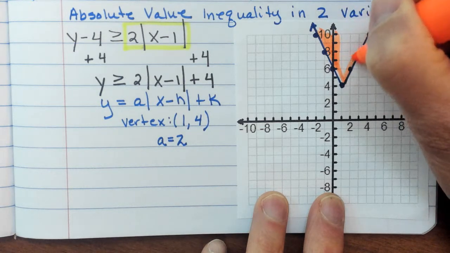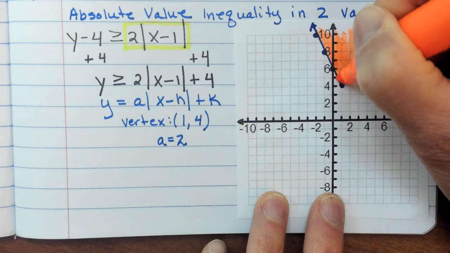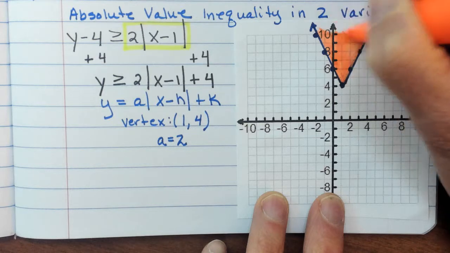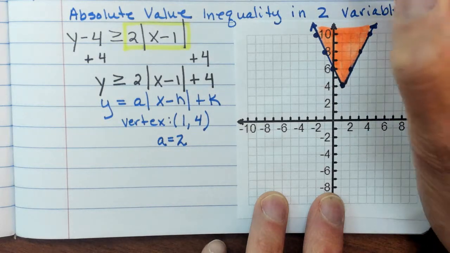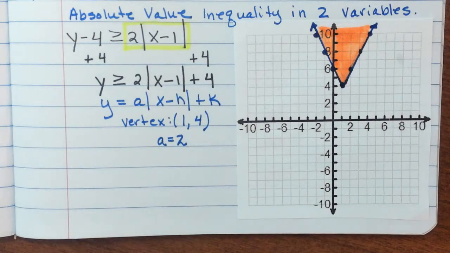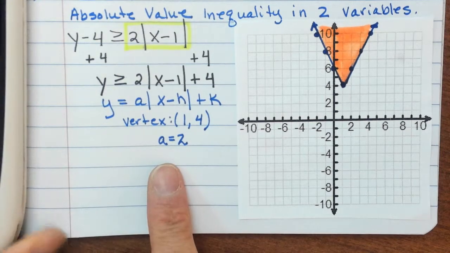Every single value that's being shaded here will be my solution up forever. So the only way I can show my solution for my inequality of two variables is through a graph. That's one reason why it has to be very accurate. So let's go ahead and do this in our calculator.